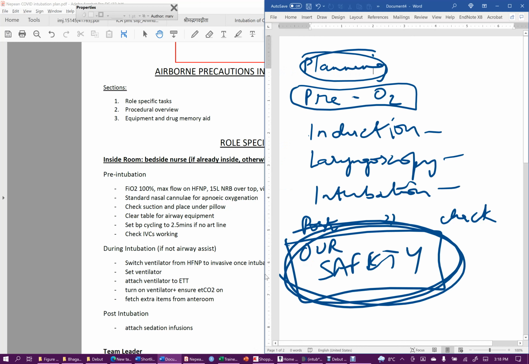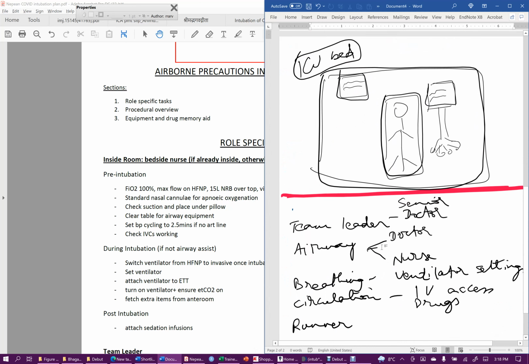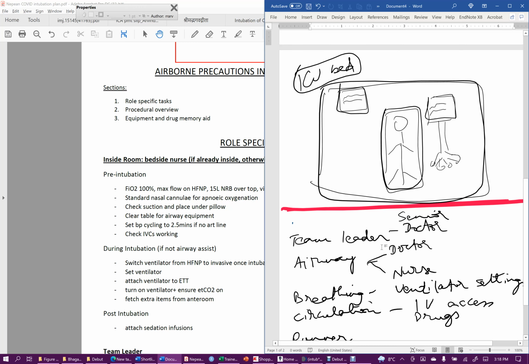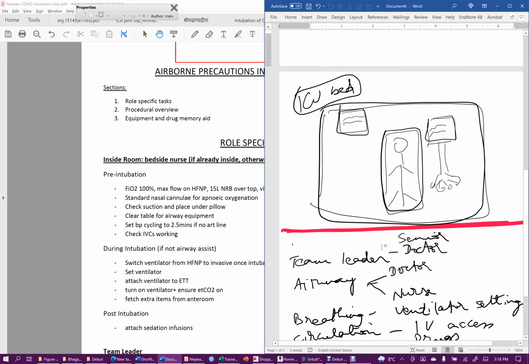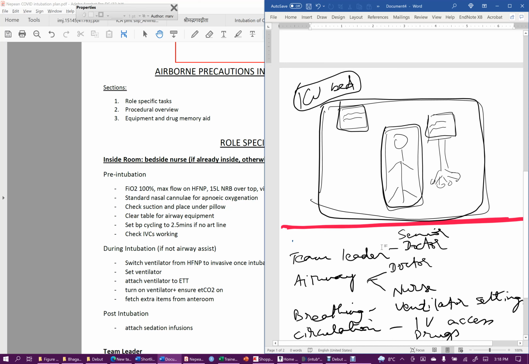Now, let's talk about the logistics, the number of personnel and who does what. That's a very important thing. Once again, this is the planning and preparation stage. If you close your eyes and think about the scenario, this is your ICU bed, and you have the patient here who is ready to be intubated.